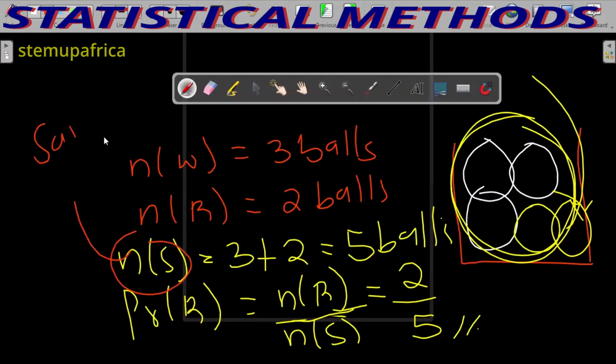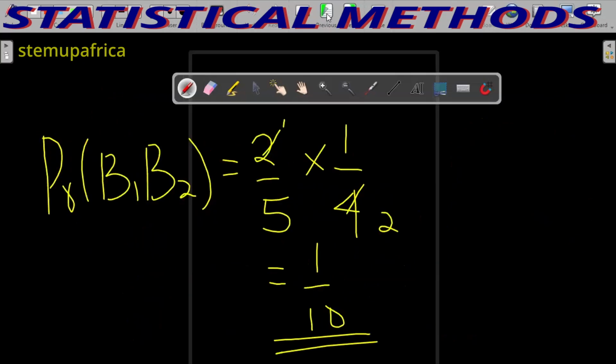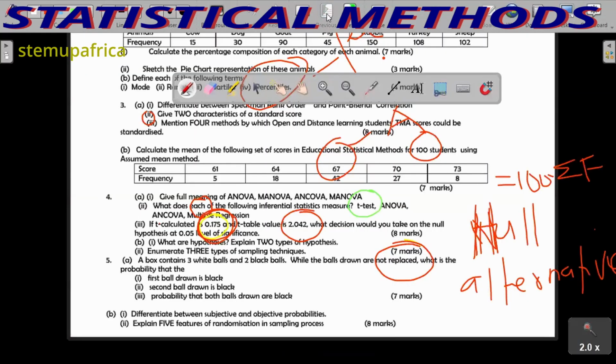So we have 3 white plus 2 black, which gives us 5 balls. Now, question one says, what is the probability that the first ball drawn from the bag is black?